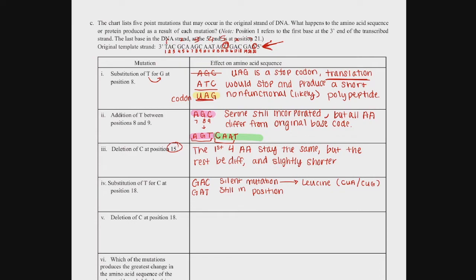So the deletion of C, now G, A, C, G is now going to be G, A, G. So deleting this guy still produces leucine, sorry. But we're only given part of the sequence, so we also don't know what the next part of the chain would be because it's near the end.